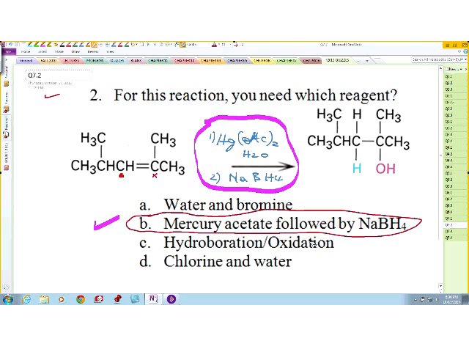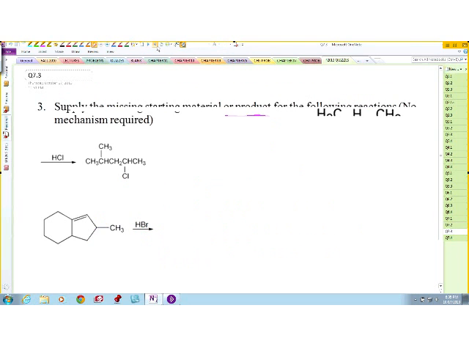In other words, the hydrogen goes to the carbon that contains more hydrogen, and the OH goes to the carbon that contains less hydrogen, which is anti-Markovnikov. So in this particular instance, the answer here is B, because this is a Markovnikov addition of water across the carbon-carbon double bond.